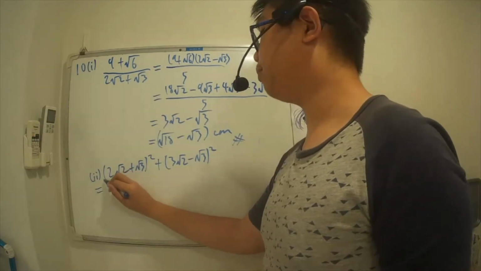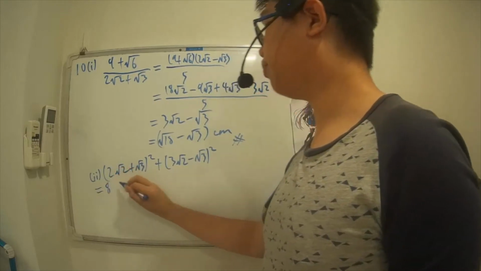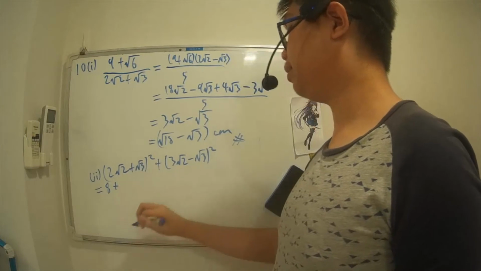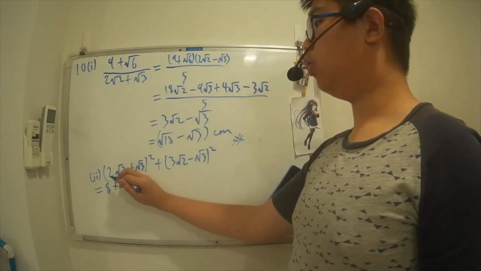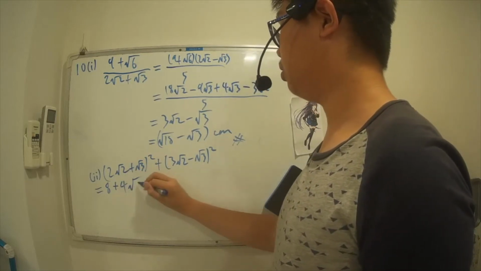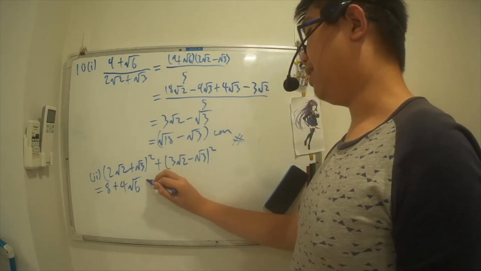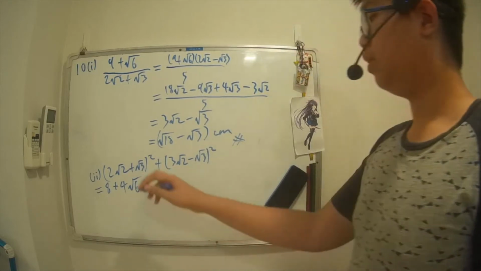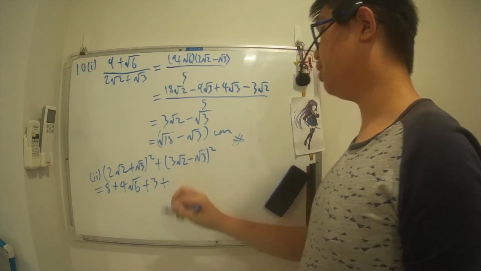We will have 2 square root 2 squared, which is 8, plus 4 times square root 6, right? Okay. And plus 3. Then we have this.